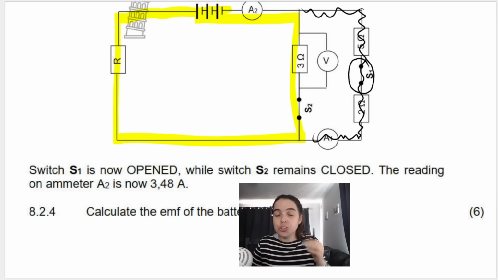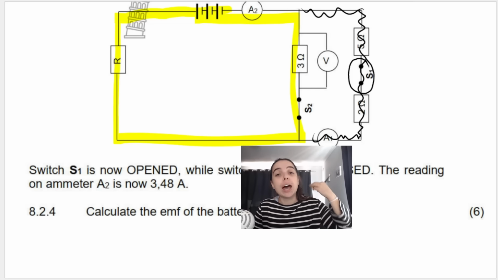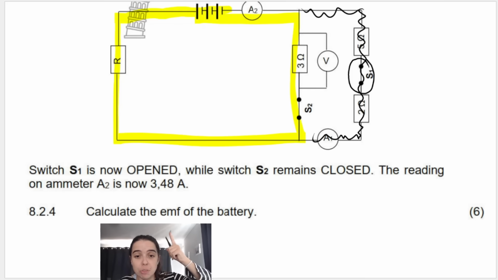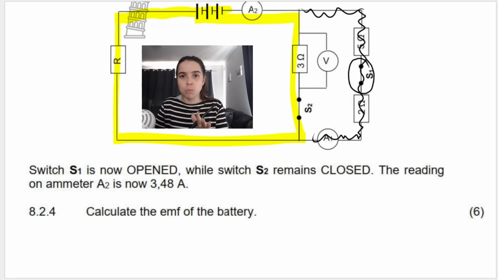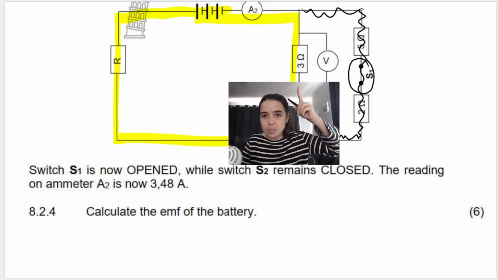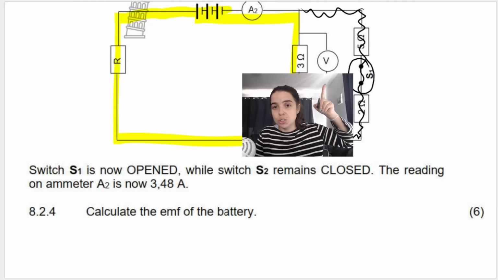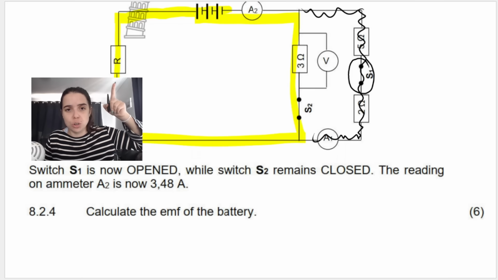If I were just to try and use the circuit as you see it over here without the second branch, and I ask you to calculate the voltage across the battery, which is basically the EMF of the battery. I'm asking you to calculate what is the potential difference, what is the voltage across the battery. You'll say to me, okay, cool, ma'am, well, there's this resistor over here, which has a certain voltage, and then this resistor over here, which has a certain voltage.